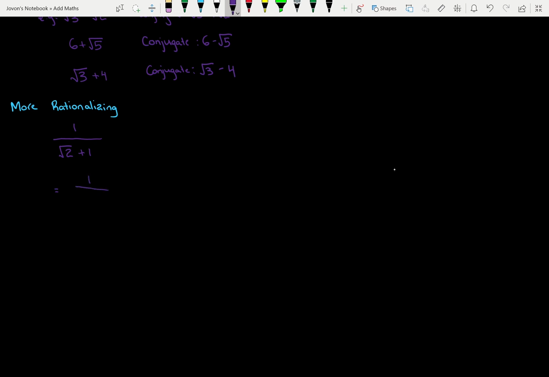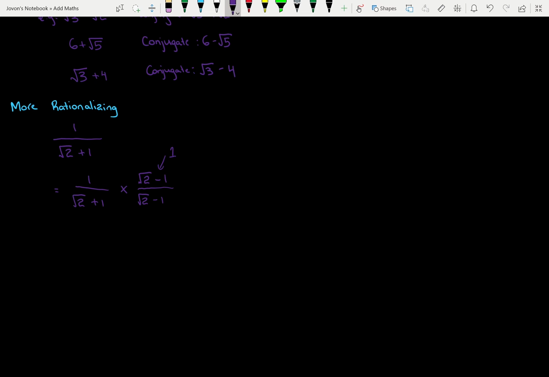Okay, the conjugate of root 2 plus 1. We're going to multiply this by the conjugate in the numerator and the denominator. So it becomes root 2 minus 1 all over root 2 minus 1. Notice that this term here is 1, so we are not changing anything.